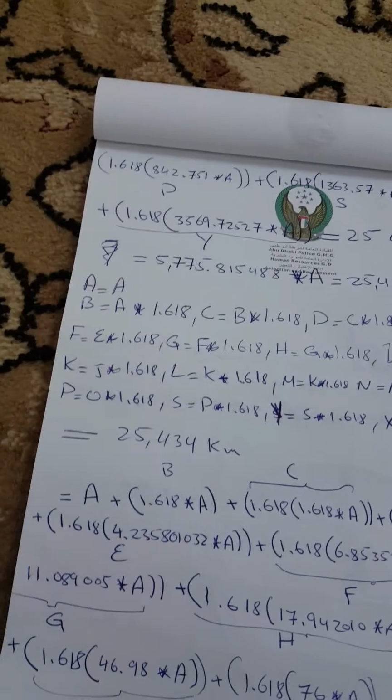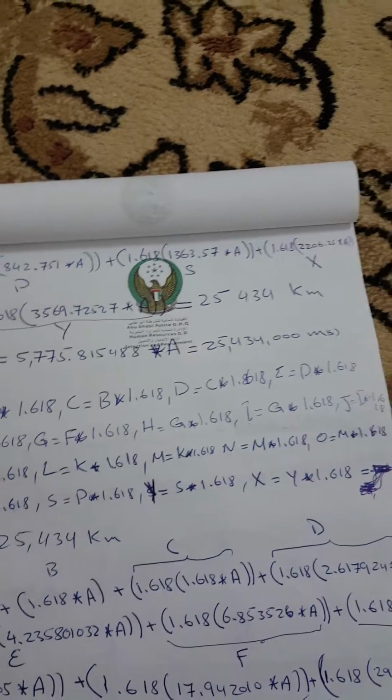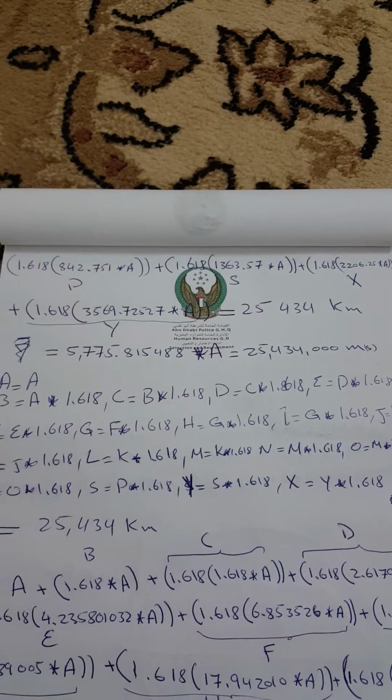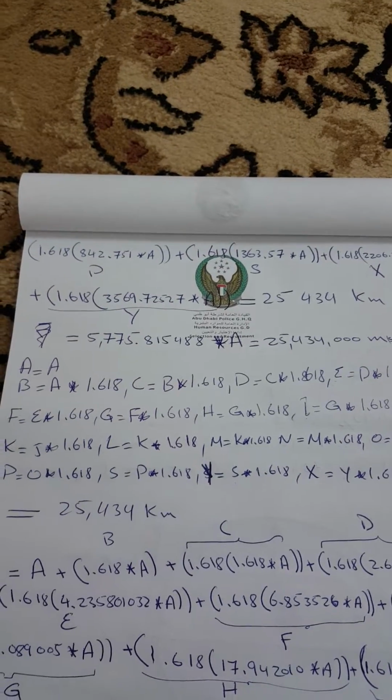I think I made a small calculation mistake. If you have somebody who is much better than me in math, he can do that. I just need to explain to him exactly what to do, then he can do it.